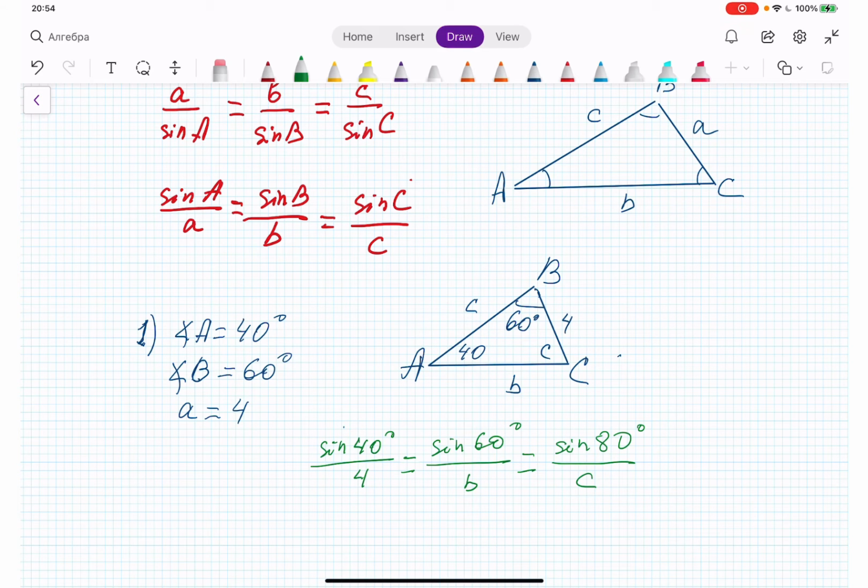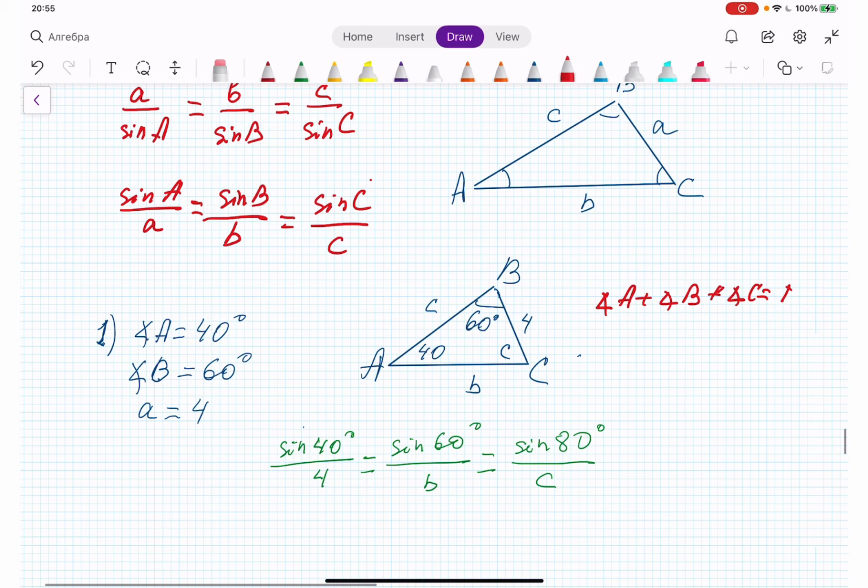How did I figure out 80 degrees? The sum of all three angles in any triangle is equal to 180 degrees, which means angle A plus angle B plus angle C is equal to 180 degrees.